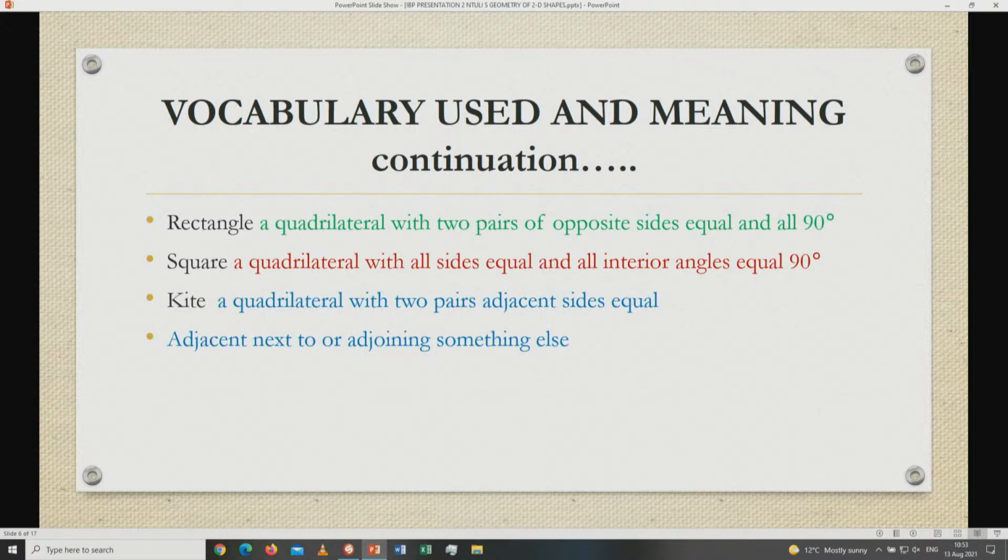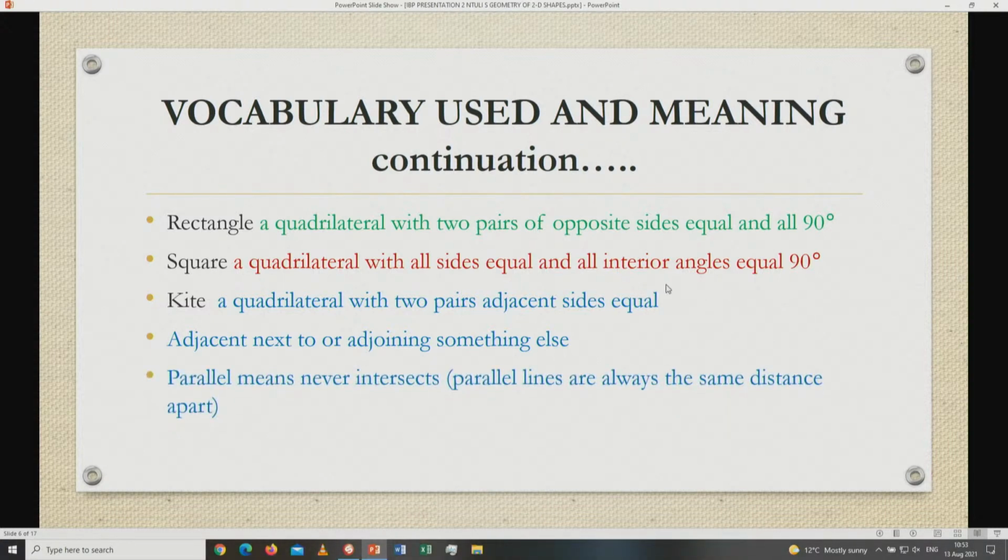It means next to or adjoining something else. Things that are going to join, or something that is very close to something. Next to. So in mathematics, especially here in the geometry of 2D shapes, when shapes are close to, next to, or adjoining, we say they are adjacent to each other. So you understand now, adjacent.